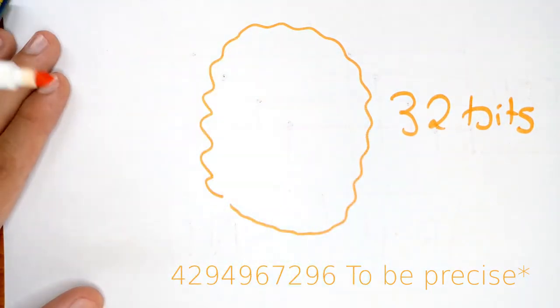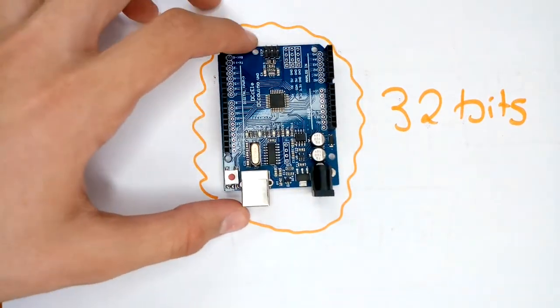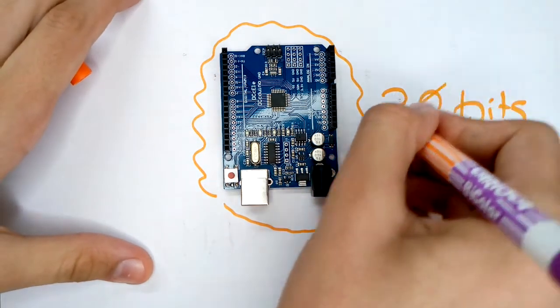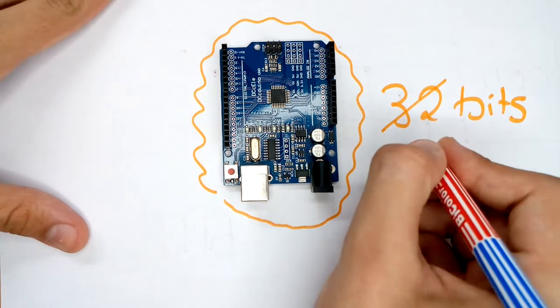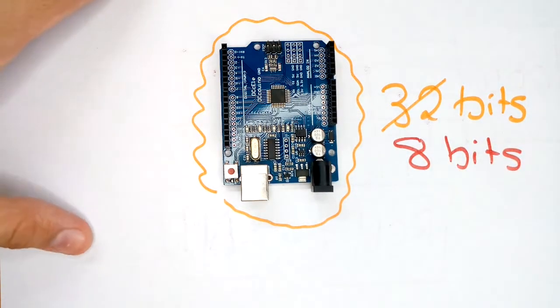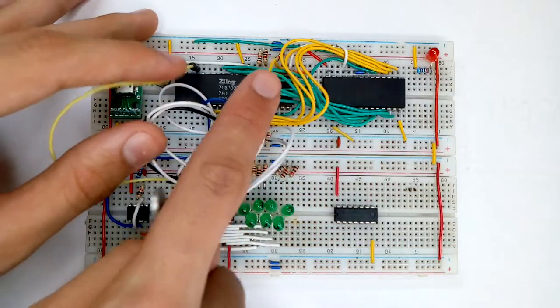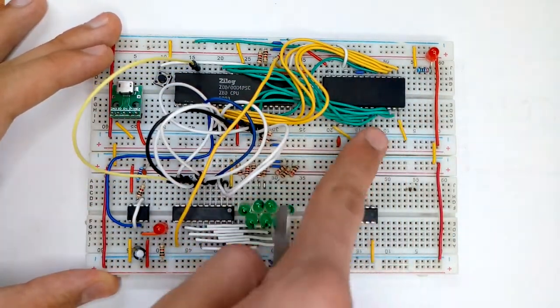Yet an Arduino Uno, for instance, as it uses the known ATmega328 microcontroller, and by the way, I have already made a video about the difference between microcontrollers and microprocessors, so be sure to check it out, has only an 8-bit wide data bus, not 32. Another example is the Z80 processor, which is an 8-bit processor having an 8-bit wide data bus.